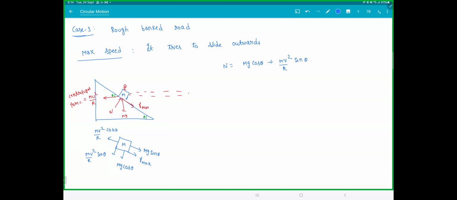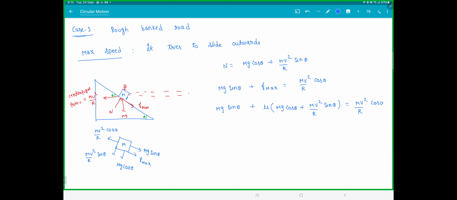And along the inclined direction, mg sine theta plus F max is balancing the component of centrifugal force, m v square by r cos theta. What is F max? F max is mu into N. But what is N? N is not mg cos theta. So this is mg cos theta plus m v square by r sine theta, multiplied by mu, is equal to m v square by r cos theta.